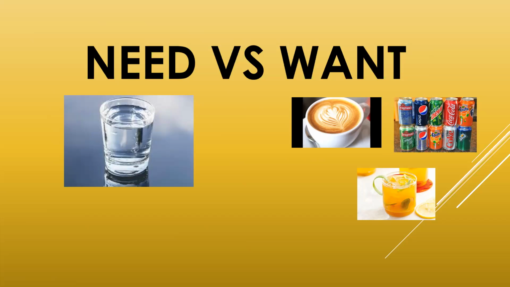But on the other hand, there's a fruit juice, there's a coffee cup, there are lots of soft drinks. We can do without any of them, but we want them. Just as we want a pizza, a burger, or pani puri, we want them, but we can't survive without them. So a need is something we can't survive without.